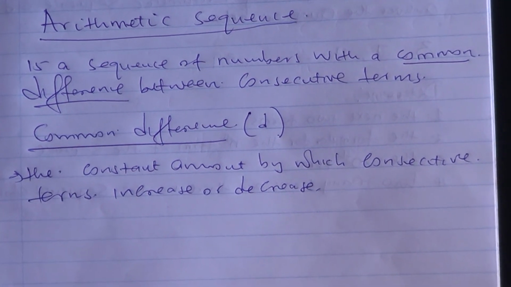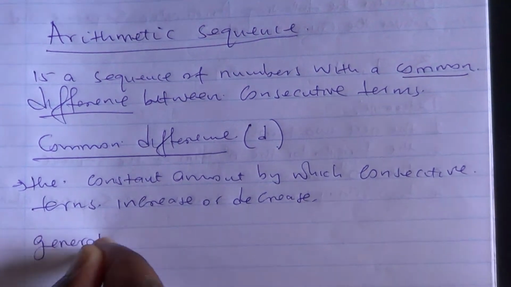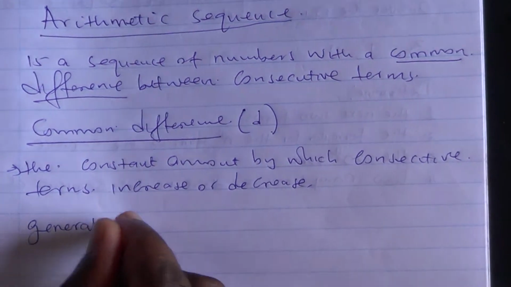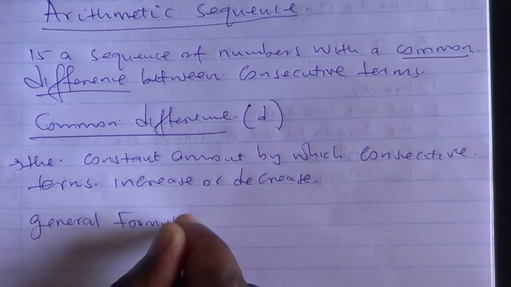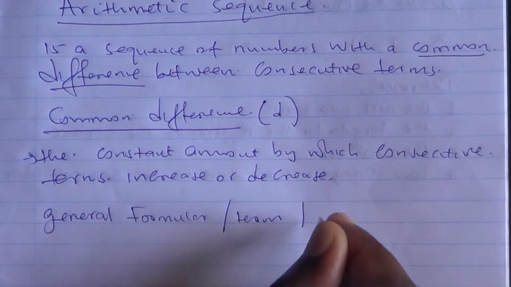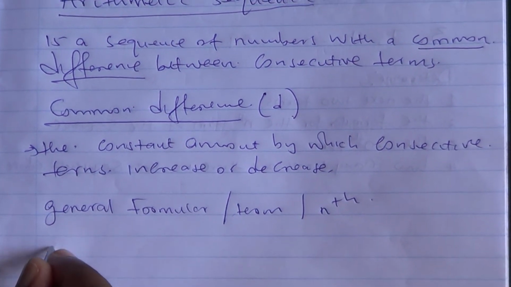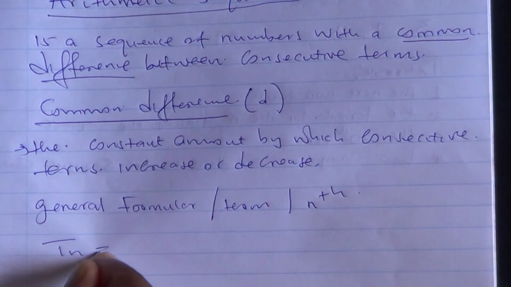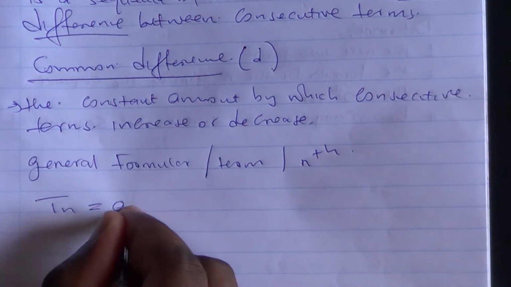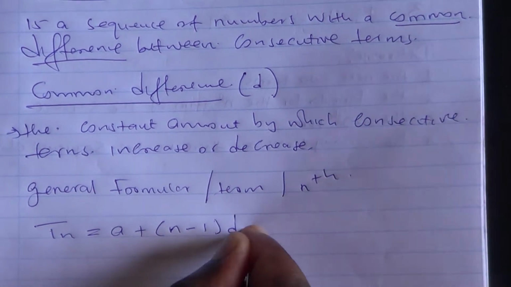Now we have the general term, or general formula, or nth term, which is denoted Tn = a + (n - 1)d.